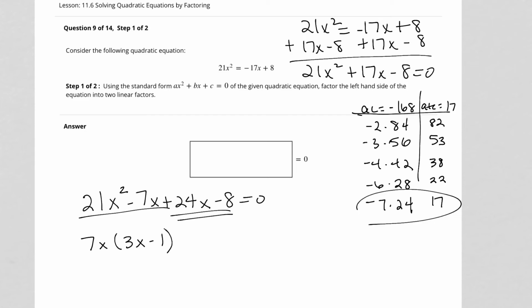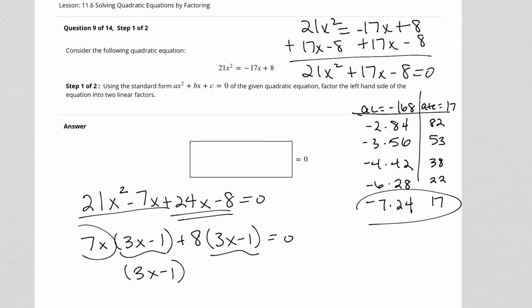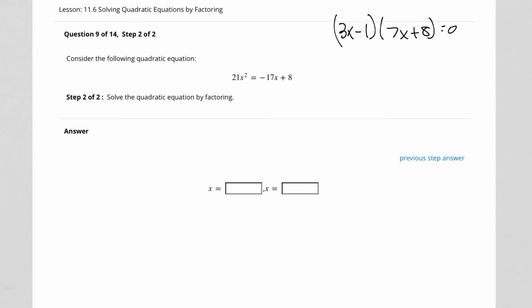Greatest common factor between the last two is 8, which is going to leave me with 3x minus 1. So our common binomial factor is 3x minus 1, and I'm left with 7x plus 8. So in this box, you would type in 3x minus 1 times 7x plus 8.